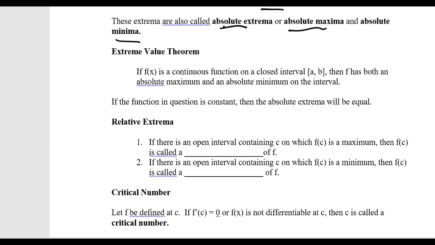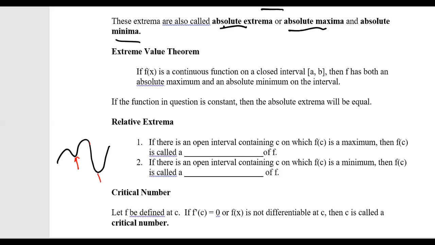Now, relative extrema. These are points that are not absolute, but they are relative to a confined neighborhood of the point. They are high points and low points, extrema. So, for example, you might see a graph that looks like this, and in this region here, this is a low point, but it's not the lowest point.